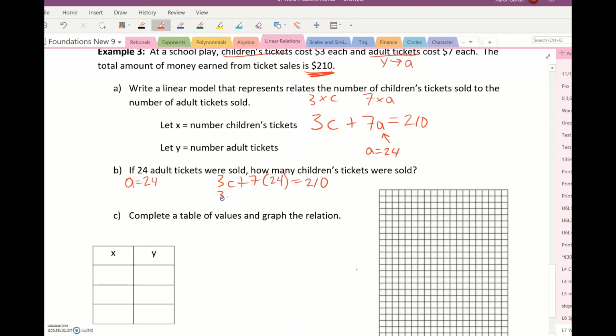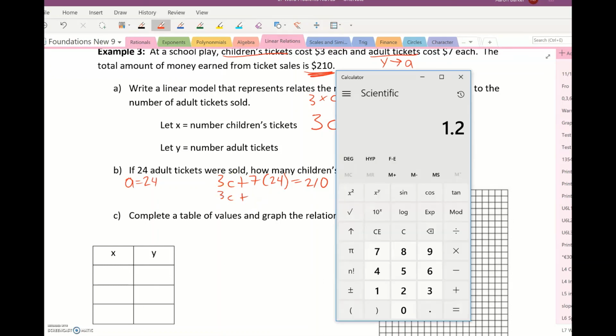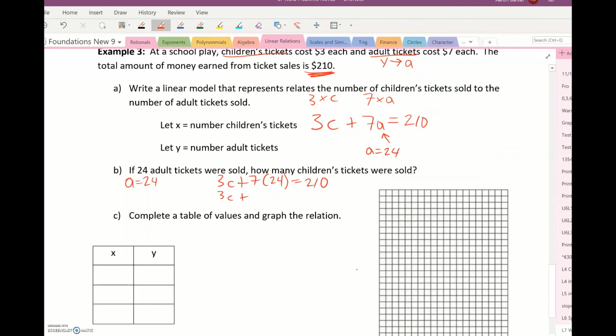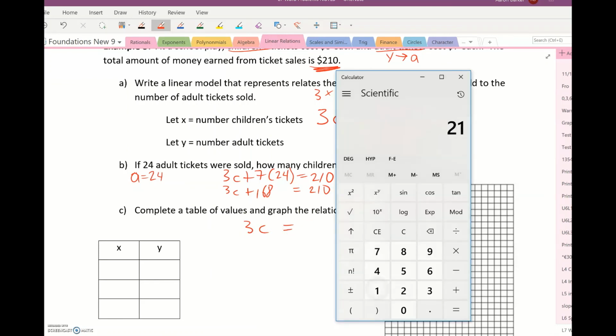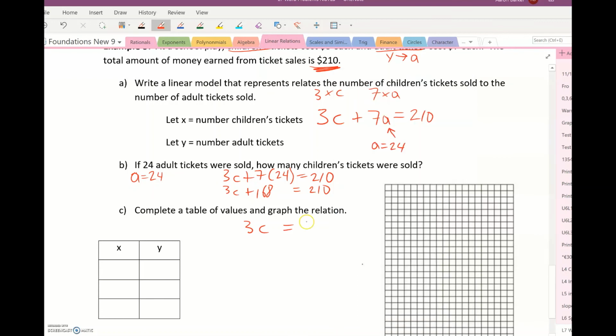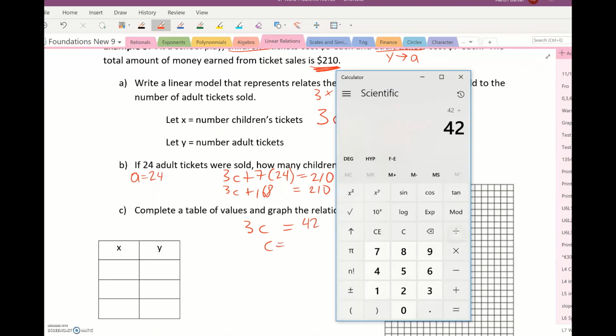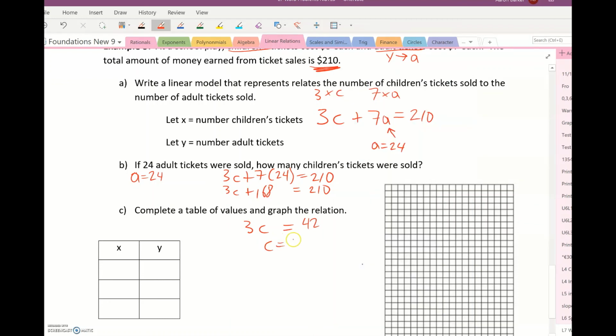And so then we do our math, 3C plus 24 times 7 is 168. So 3C equals 210 minus 168, and we get 42, divide by 3, and you get 14. Okay, good.